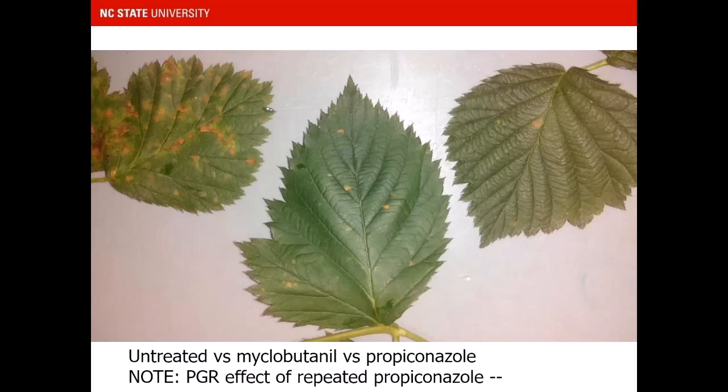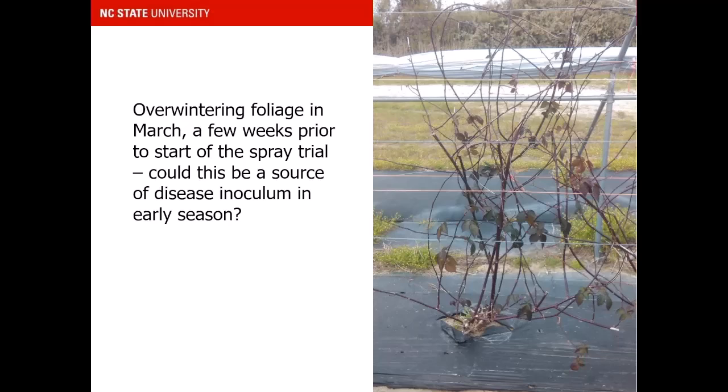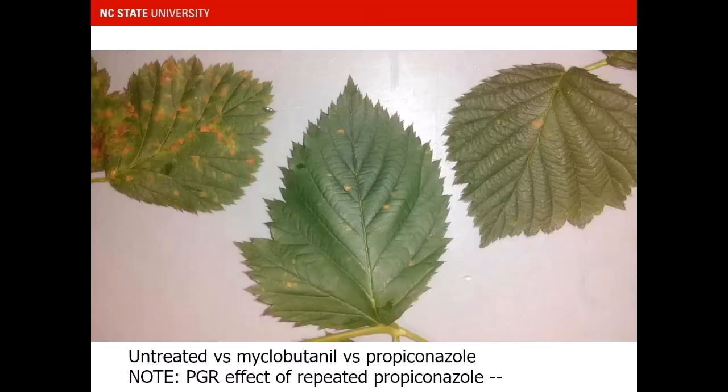So as far as our recommendations for control, I like propiconazole, but I want it alternating with other fungicides, and I would not use it more than 2 or 3 sprays in a season. And I think alternating in there, it's a powerful fungicide. It does a really good job, and I think it's a useful tool if you have these problems.